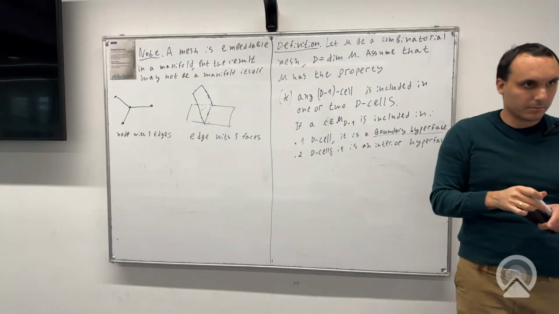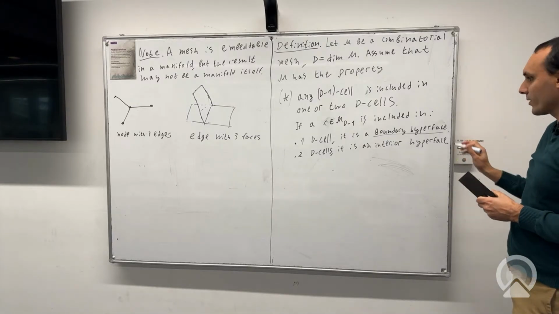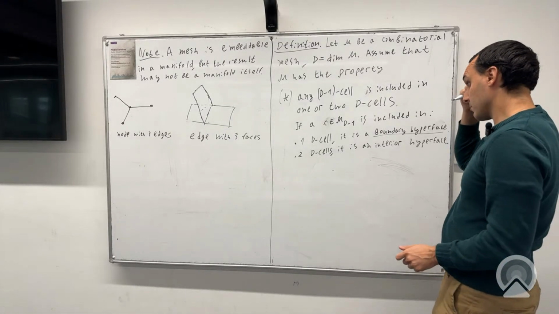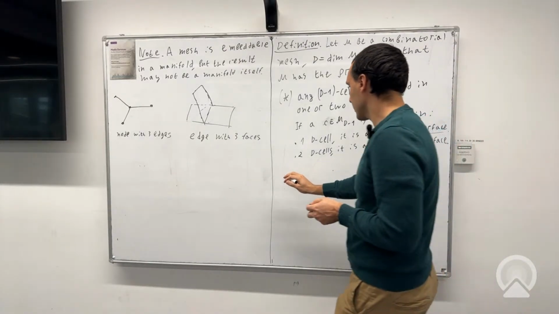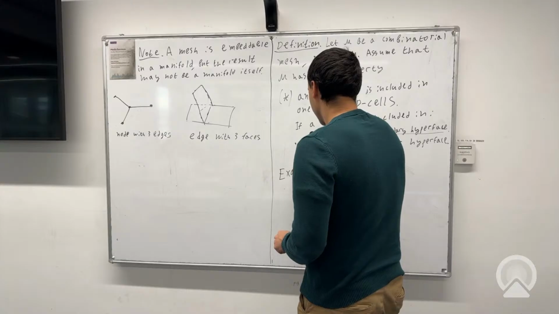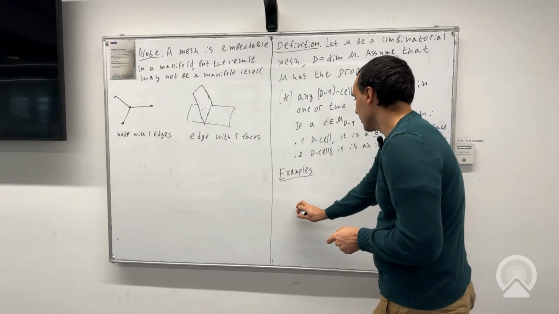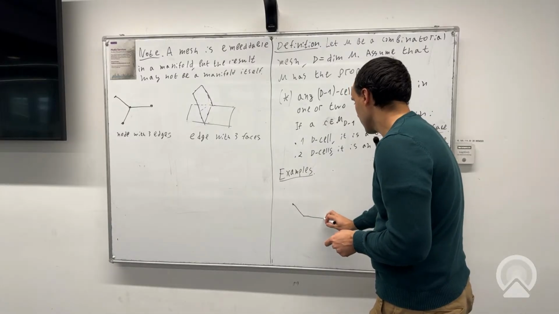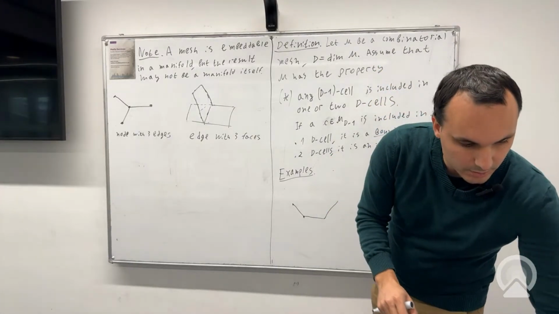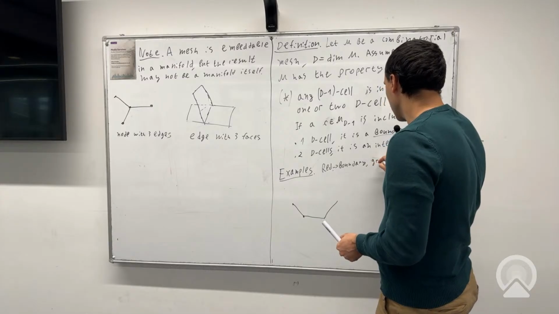So let's give some examples. I will denote boundary in red and interior in green.